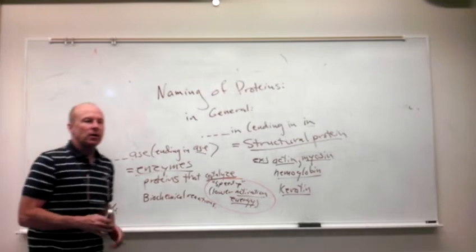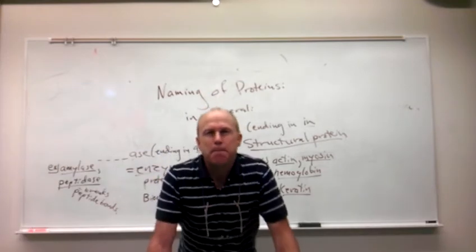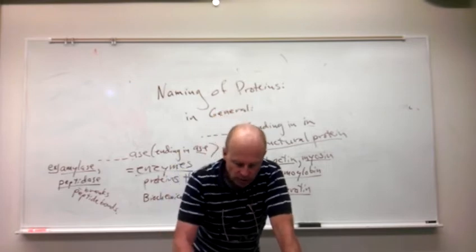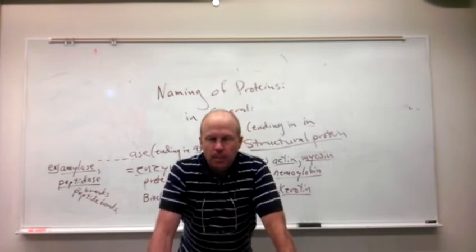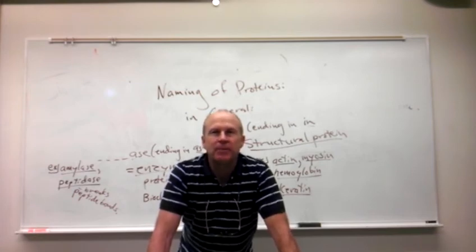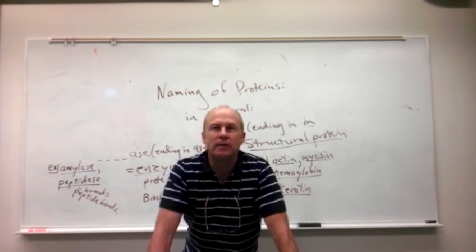Now I want you to think, where would you expect peptidases to be active? This is a really good question. So, the radical release of peptidases occurs in your small intestine.